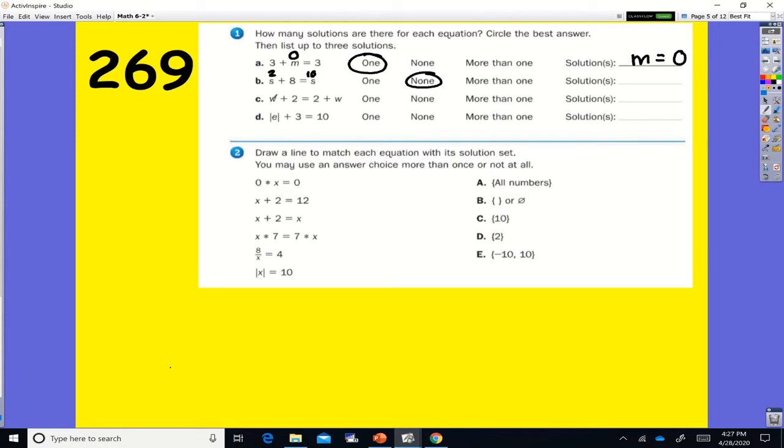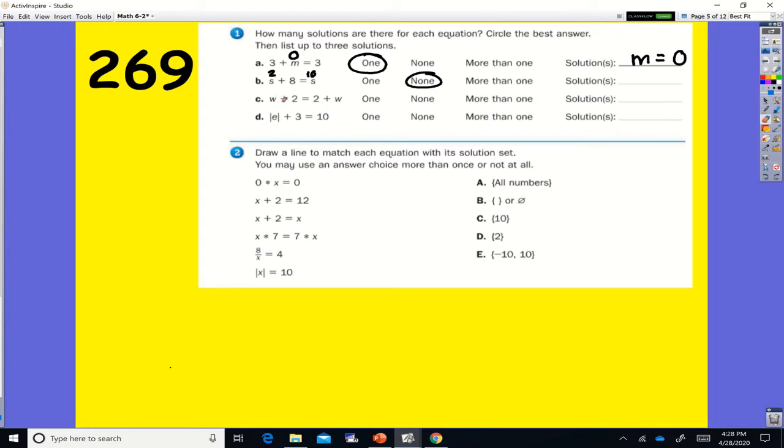Now this right here, w plus 2 equals 2 plus w. Let's say I put 5 in for this. 5 plus 2 gives me 7. 2 plus 5 gives me 7. Okay, that's going to work. What if I did 3? 3 plus 2 gives me 5, and 2 plus 3 gives me 5.